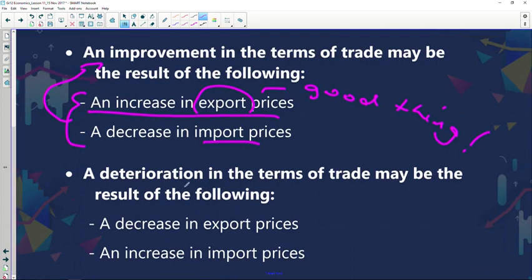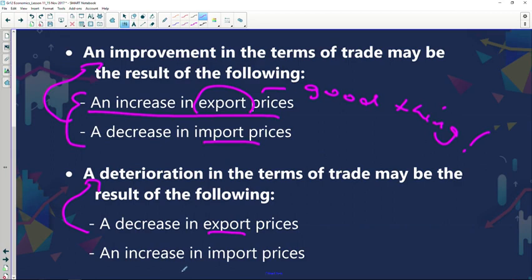What could possibly go wrong? What could hamper the improvement? A few things could. When there's a decrease in export prices, so if we are now exporting fewer goods and services to other countries, that will make the situation worse, because now we are not receiving that cash injection that we were receiving when we had more export activities happening in our country.